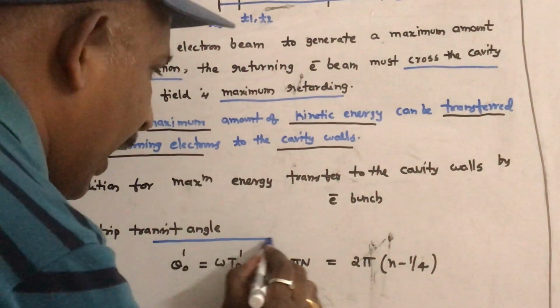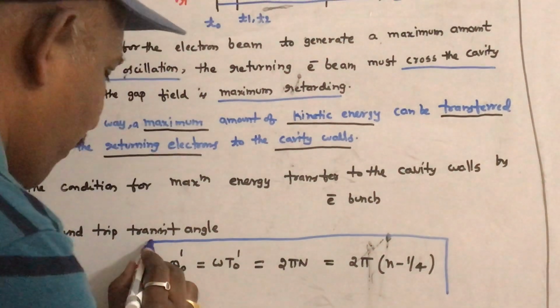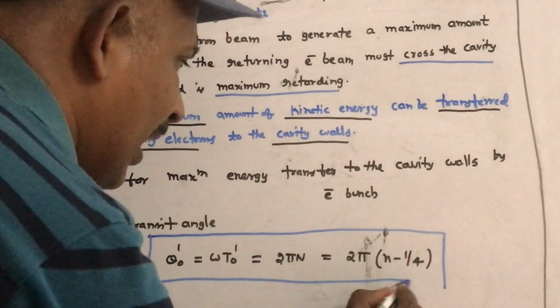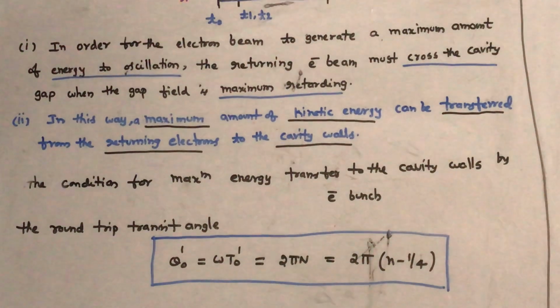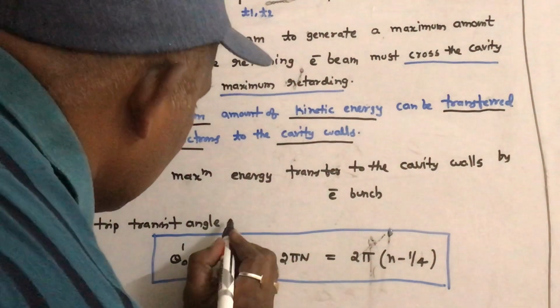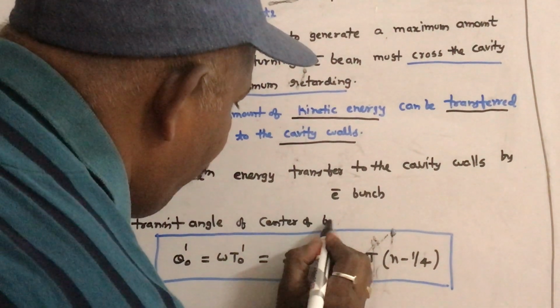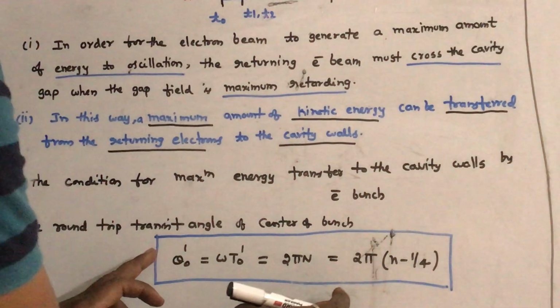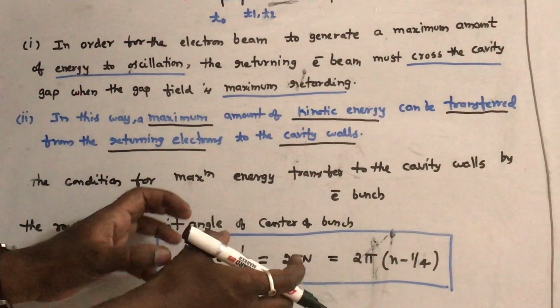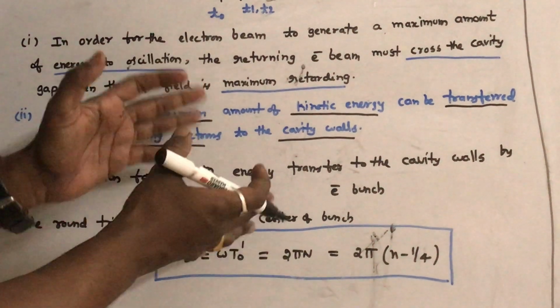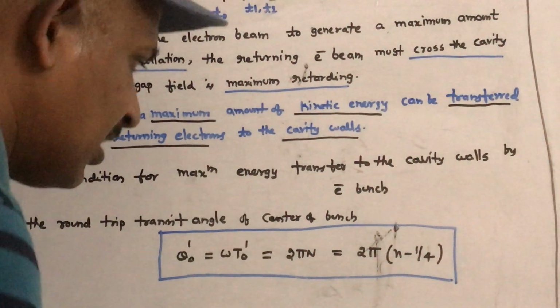If the round trip transit angle of the center of the bunch maintains this condition, then it will transfer the maximum amount of kinetic energy to the walls, so that oscillations are sustained.